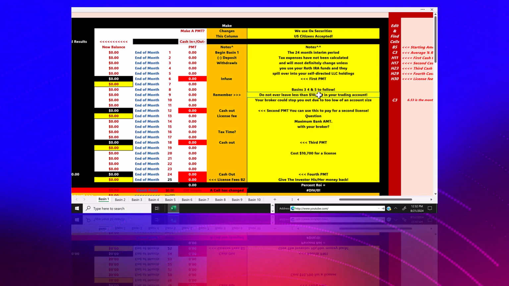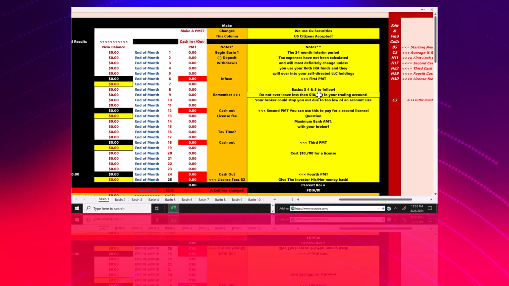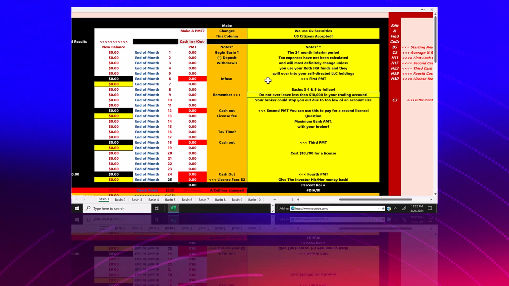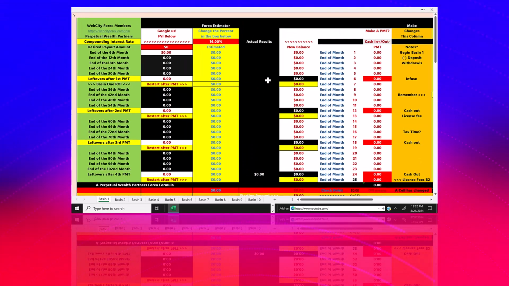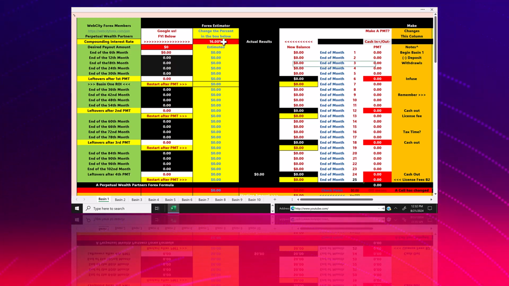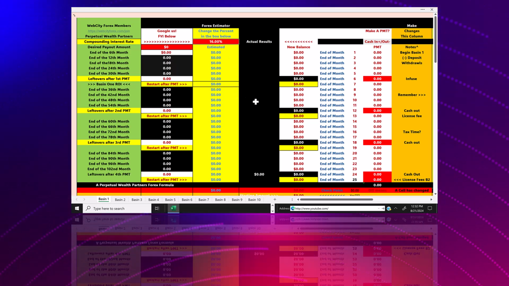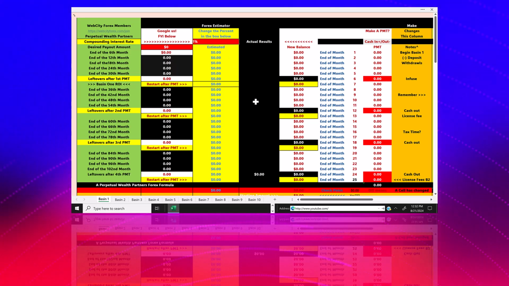If you start with a $10,000 account, then you should be sufficient with using a robot or a Forex trading bot like Quantum. Quantum is a good one. They're showing like 16%, but let's go back to 10%.